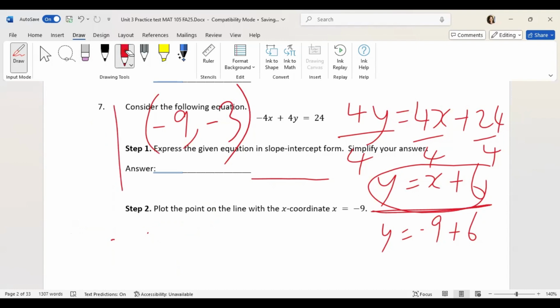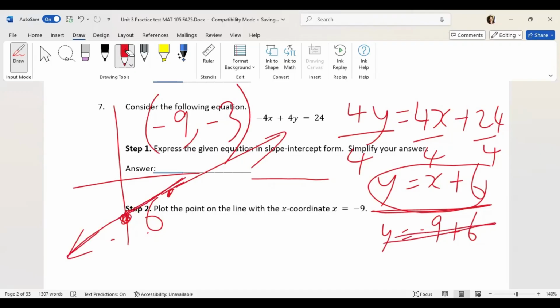I want to plot the point 6, and the slope is 1, so I'm going to go up 1 over 1 from 6. I connect these 2 points and extend them. The line has a positive slope. So that is the line we are told to graph.